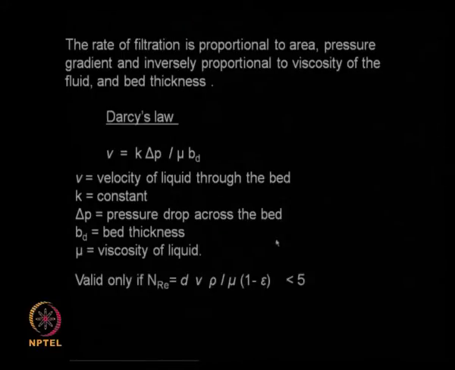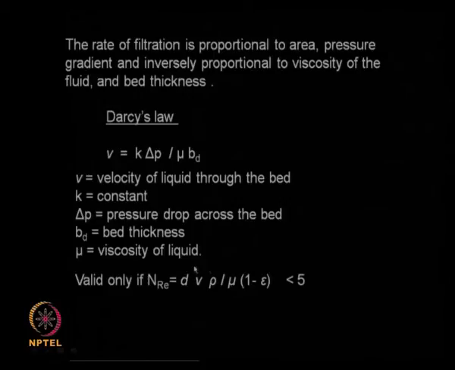So the Reynolds number has to be less than 5, and the Reynolds number, as you know, is defined in this particular fashion. That is the diameter of the particle d, the velocity of the fluid flowing, rho is the density of the fluid, mu is the viscosity of the fluid, and in addition we also have a term called 1 minus epsilon. Epsilon is the porosity of the bed.